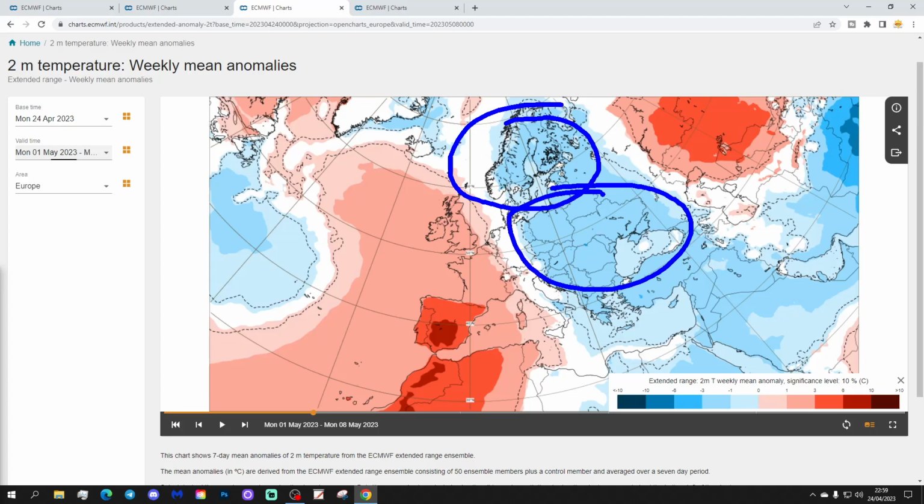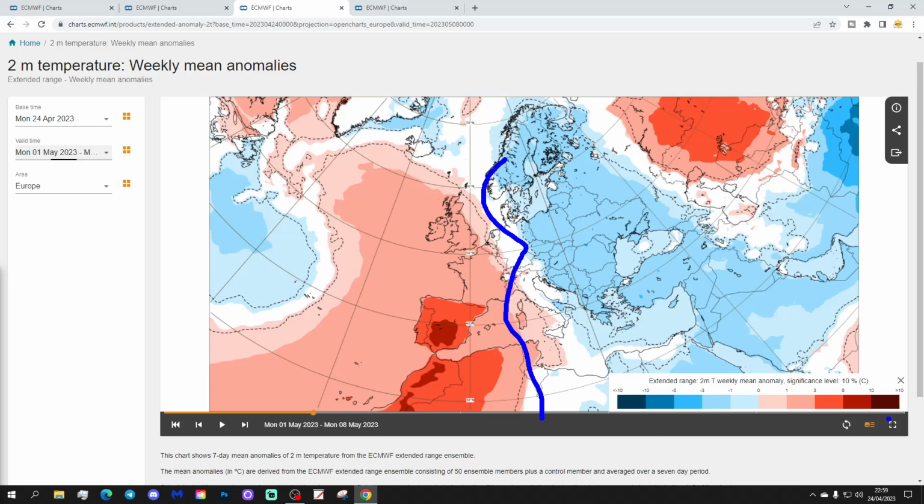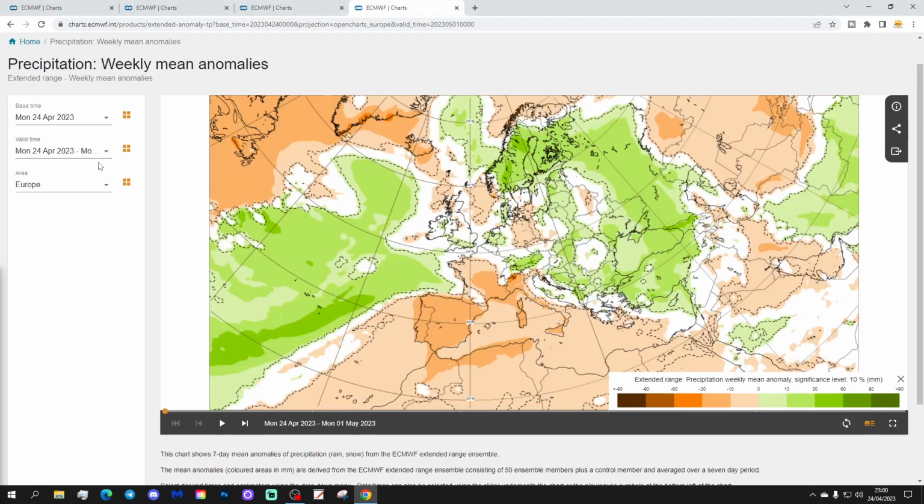Again, many parts of Central and Eastern Europe, from the far east of Germany right through to the west of Russia, are cooler or colder than average. Those below average temperatures also extend down towards Romania, the Balkans, Greece, and Turkey. So a real east-west divide with the temperatures next week.